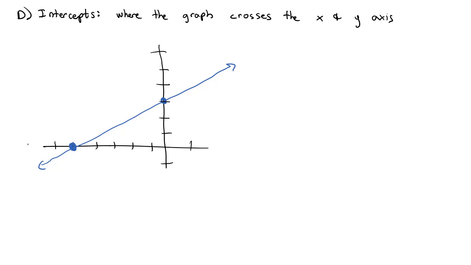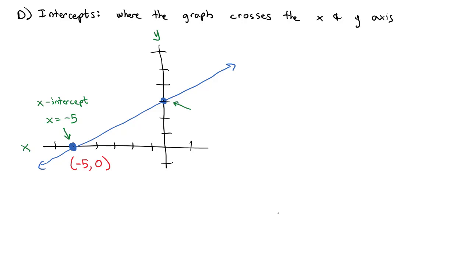The horizontal axis is the x-axis. The vertical axis is the y-axis. So we're crossing the x-axis at -1, 2, 3, 4, 5. X equals -5 is the x-intercept. And sometimes we'll express it as an xy coordinate, which would be -5, 0.